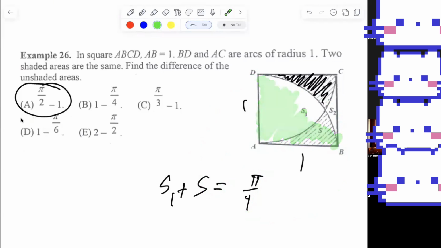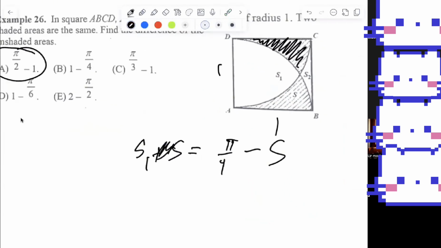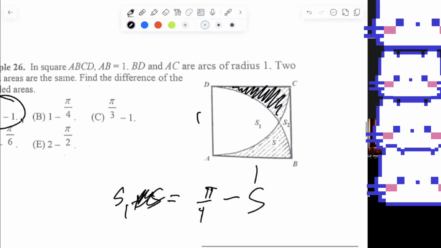If we isolate it on one side, S1 is pi fourths minus S. Now, what about S2?